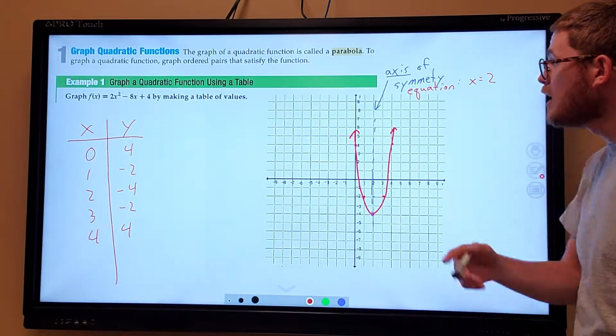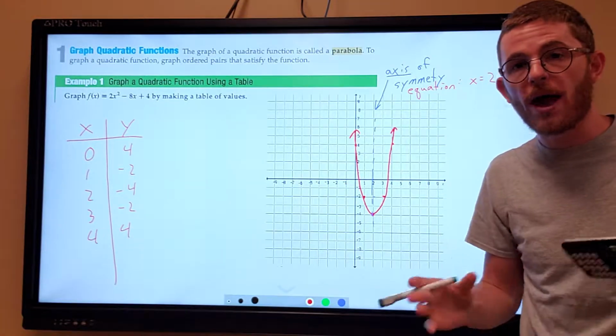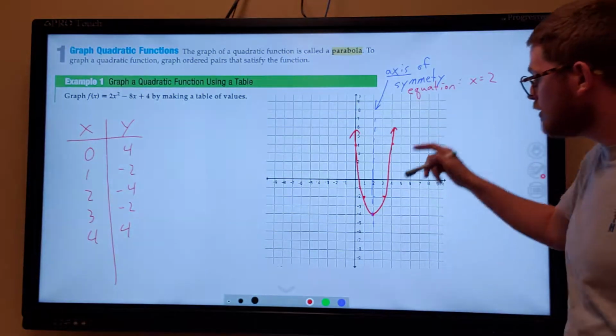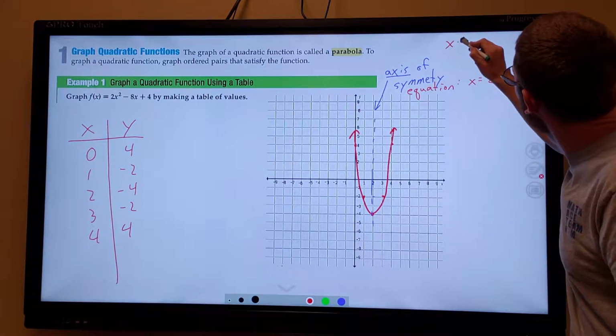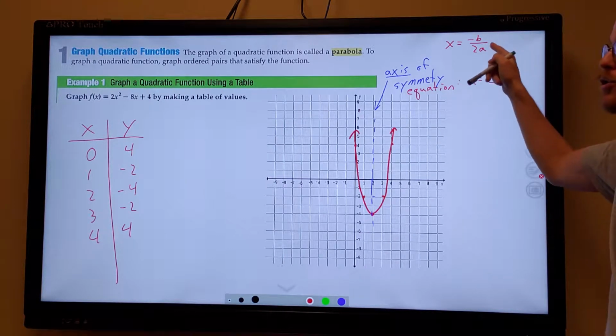That's important, okay? Now, if you wanted to find that without doing all this graphing and stuff, the axis of symmetry can be found x equals -b over 2a.